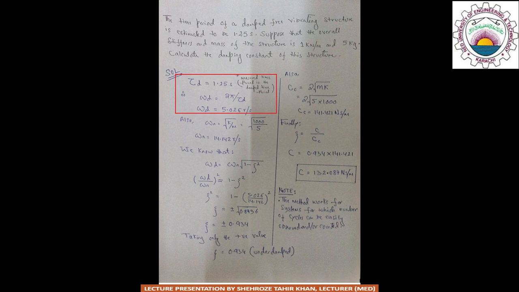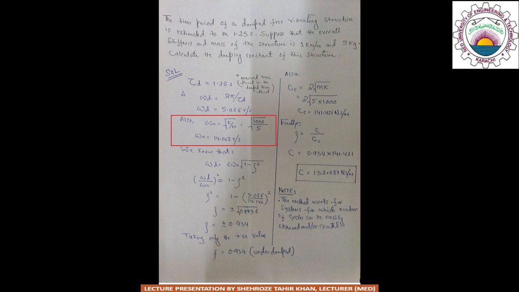Also, we know that natural frequency omega n is given by omega n is equal to under root k upon m, as we are already provided with the values of stiffness and mass. Therefore, by substituting these values, we get omega n is equal to 14.142 radians per second.